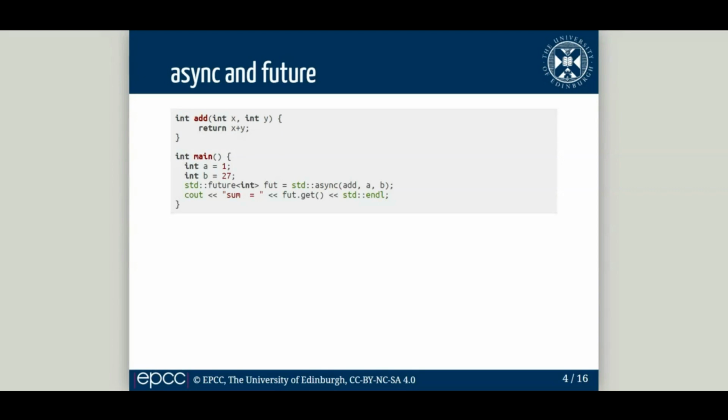So you have a main, you have these two values, A and B, and when you call std::async, the parameters are the name of the function and A and B, the numbers that you want to add, and you save that in a std::future template, and the value is int. Also, if you want to make your life easier, you can use auto, and you don't need to worry about it.